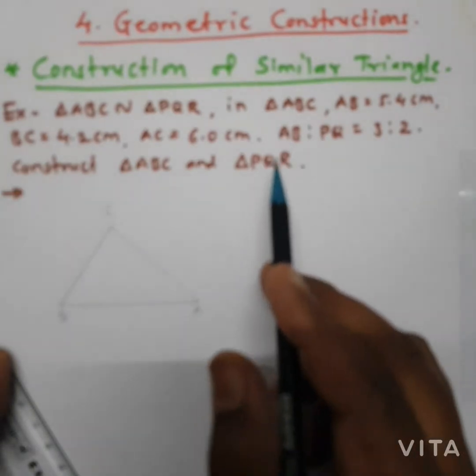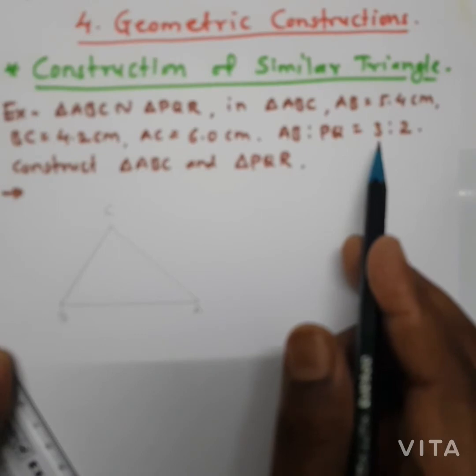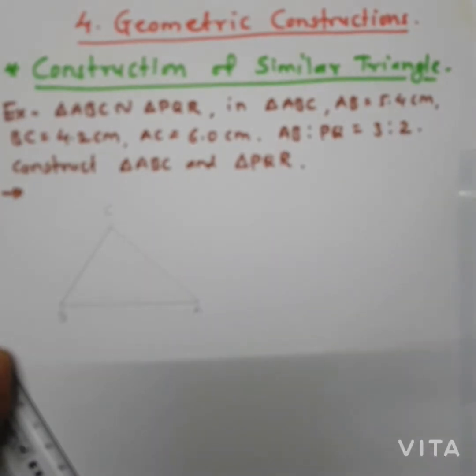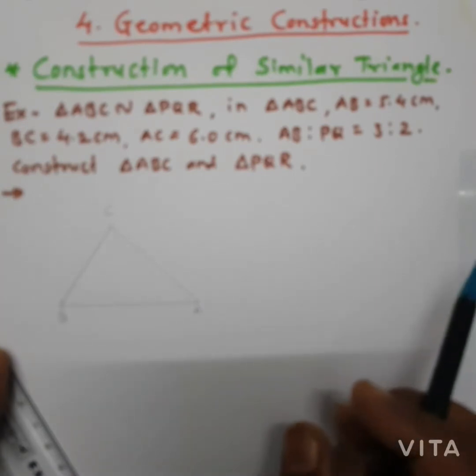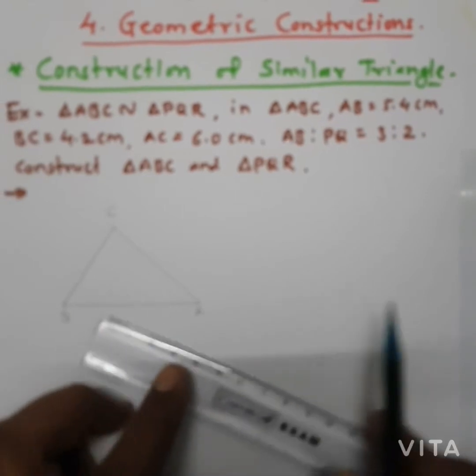Then the sides of triangle PQR are of smaller length than the sides of triangle ABC.